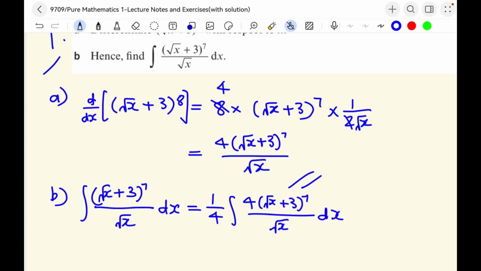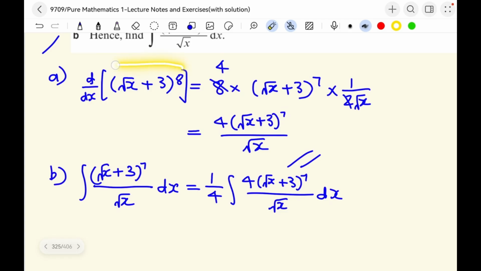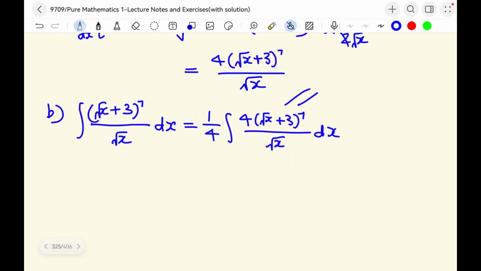So what you can deduce is that the integral of this function is exactly this one. Why? This function we have derived from A, so this is a derivative of this particular function. It means that you just substitute this integral back into this expression. So basically for this question, you just need to use substitution. This result comes from part A that you have done.